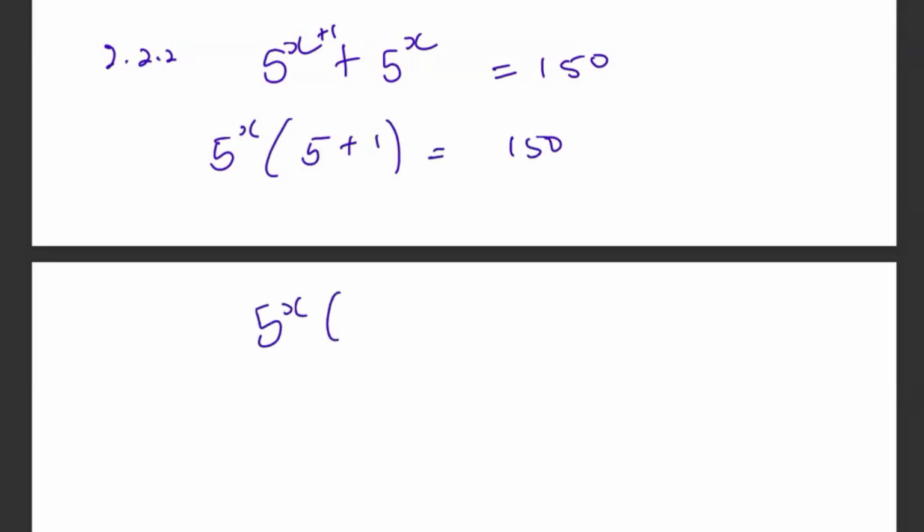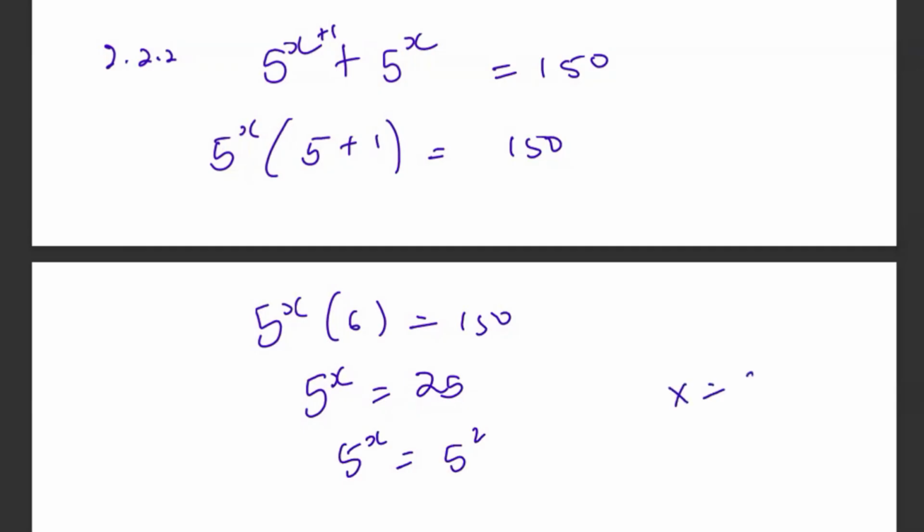So 5 to the x times 6 is 150. Divide both sides by 6. So what's 150 divided by 6? That's a 25. Should be. Then 5 to the x is equal to 5 squared, which means x is a 2.